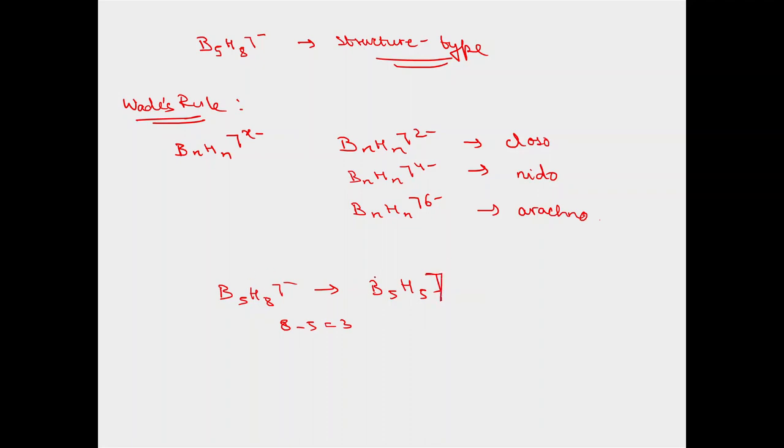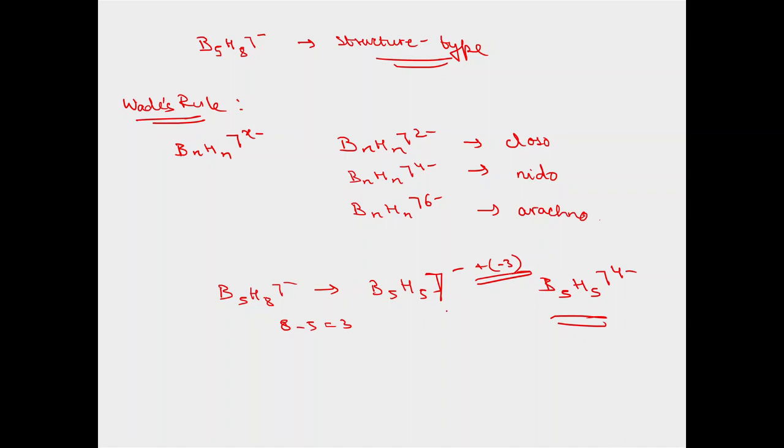So if hydrogen is going out, that means it will leave a charge of minus on the complex, as it carries a charge of plus 1. Here there is already one minus charge and then 3 more minus charge will come. So it will be a B5H5 4 minus type of complex.